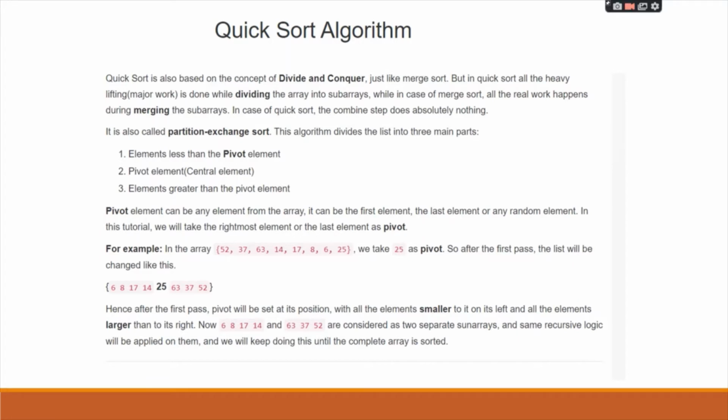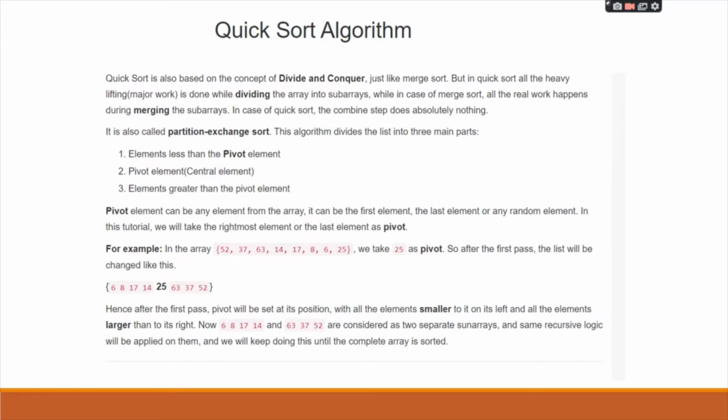Simply, in quicksort all the heavy or major work is done while dividing the array into sub-arrays, while in merge sort all the real work happens during the merging of sub-arrays. In quicksort, it's really interesting that nothing really happens afterwards, and also the time complexity is less.